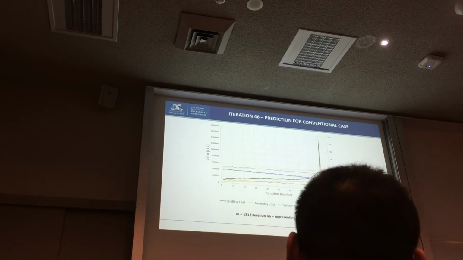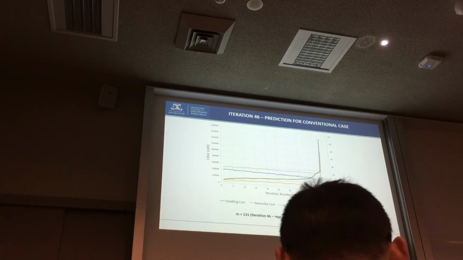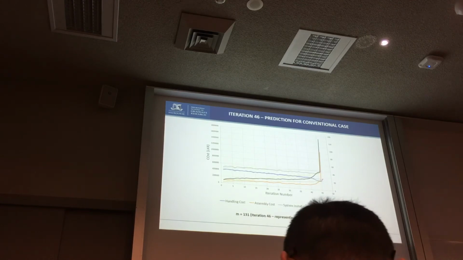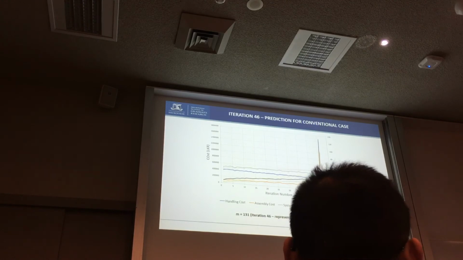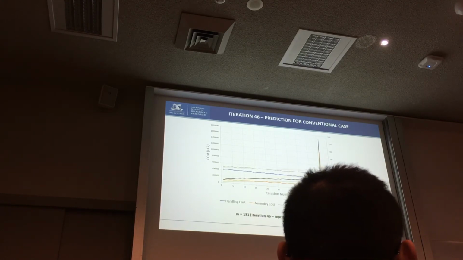So in order to validate the algorithm for prediction of installation costs, the only data available were from conventional case studies, because this is not yet being applied in modular case studies. So the algorithm was first used to generate an additional iteration, named here as iteration 46, that represents 131 modules, which is the conventional case of plant room construction.